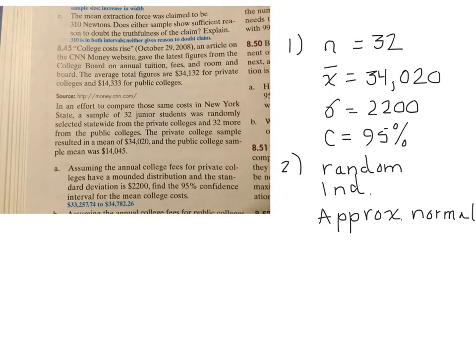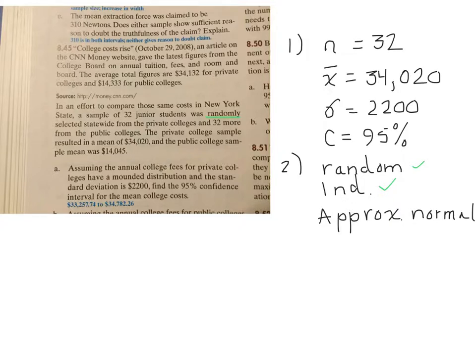So one, was the sample drawn randomly? We were in fact told that it was a random sample, so we can check that off. Two, is it safe to assume that these observations have been drawn independently of one another? I think that's a safe assumption as well.